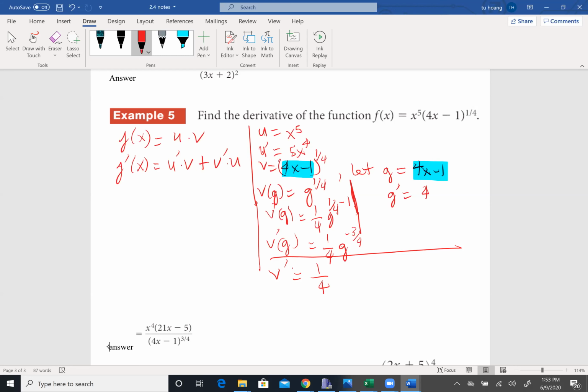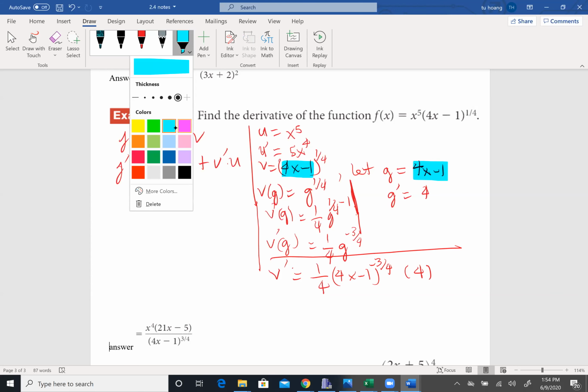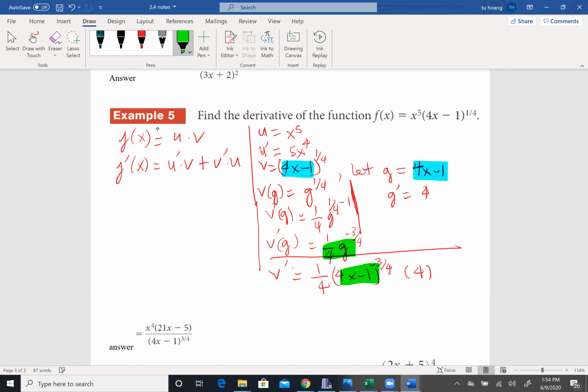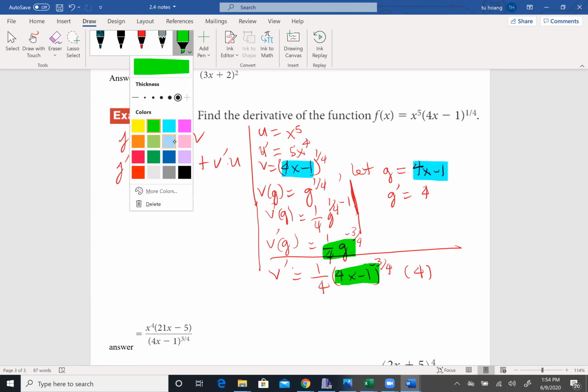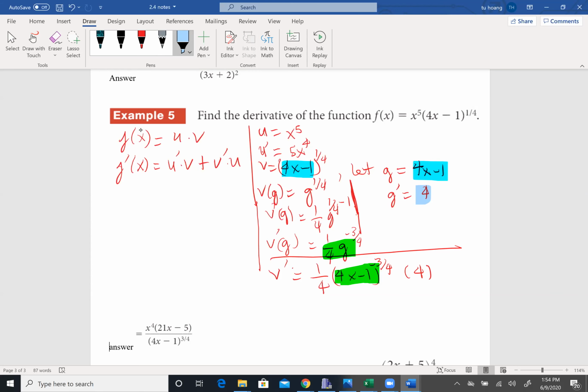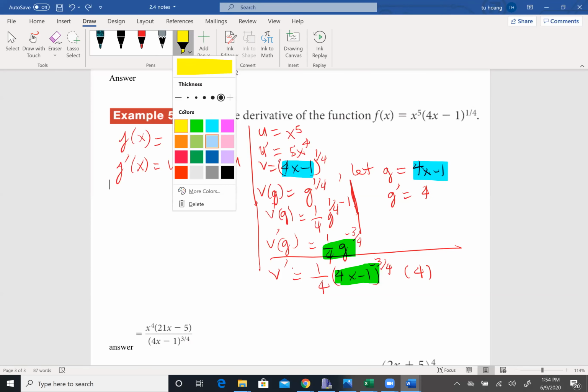G is 4x minus 1, so 1/4 times 4x minus 1 to the power negative 3/4, times the inside derivative 4 here, right? So let me use another color to color this.